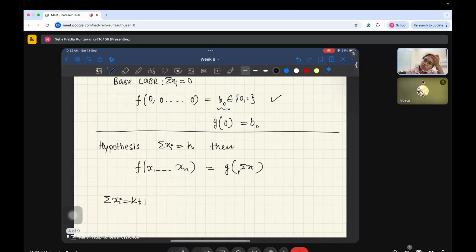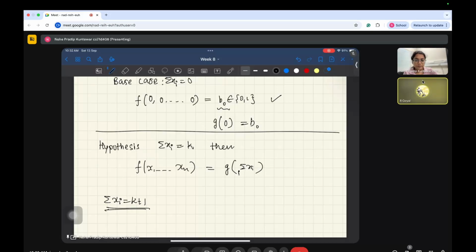Now I'm not even sure whether we need induction, but let's go ahead with this. Then what changes now? How do we go about it? There could be two possibilities for the additional xi. It could either be a 0 or a 1.